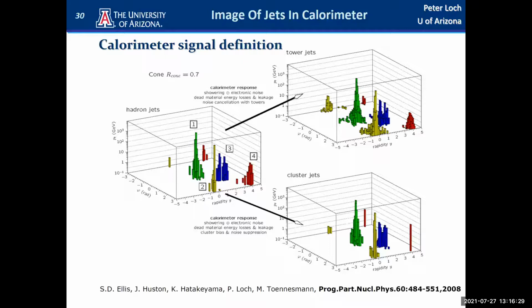This is basically the energy flow from particles collected into small bins in the rapidity azimuth plane. So these are the things you really would like to see exactly the way you see them in this left diagram. So one of the ways of collecting signals are our famous towers.